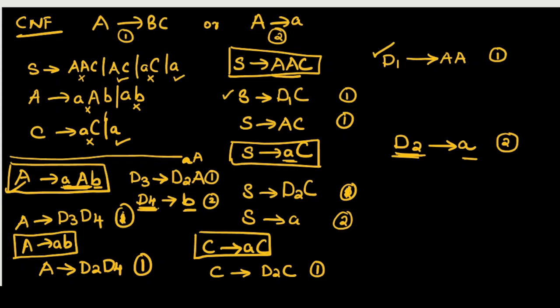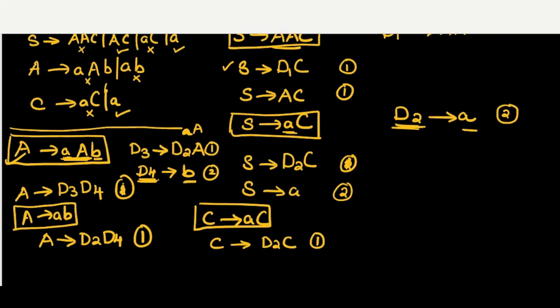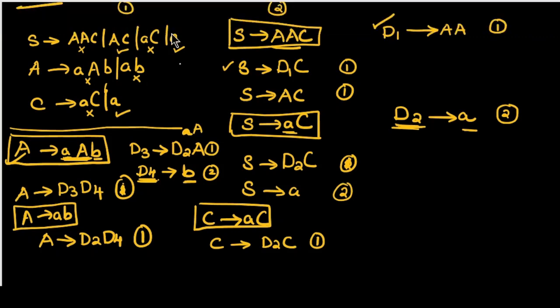So can we rewrite all these productions? Take out all the productions. This is the first production, second one, third one, fourth one, then fifth, sixth, seventh production.